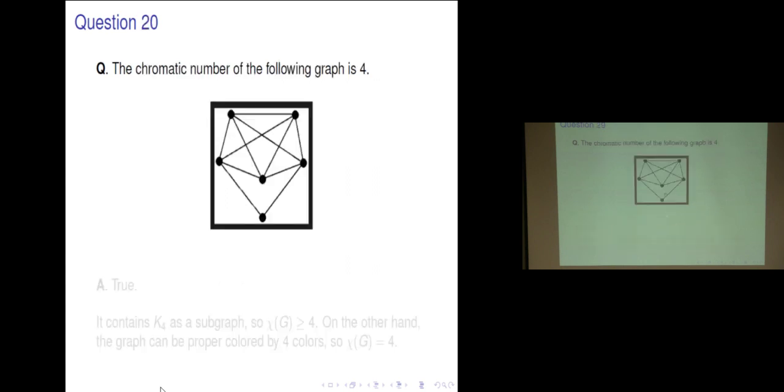Now, the next one is about chromatic number. So we have this graph. Let me remind you what chromatic number is. We want to color the vertices, and the rule says you cannot color adjacent vertices using the same color.